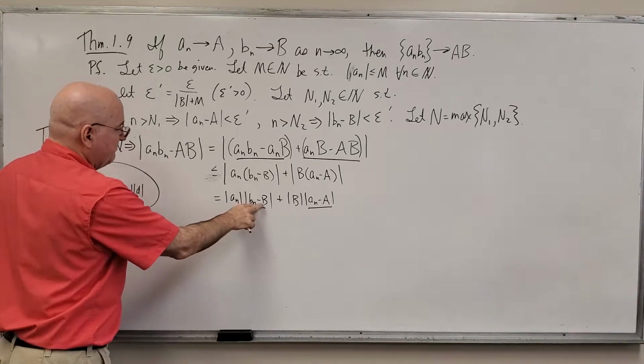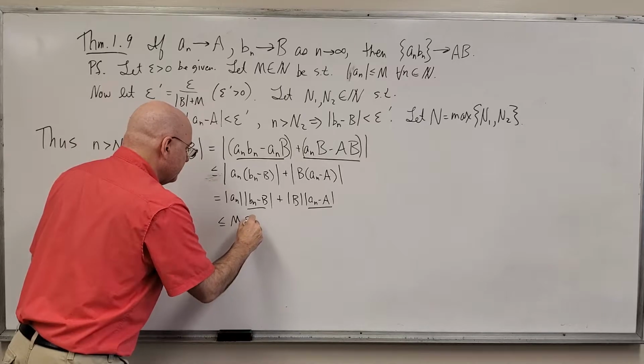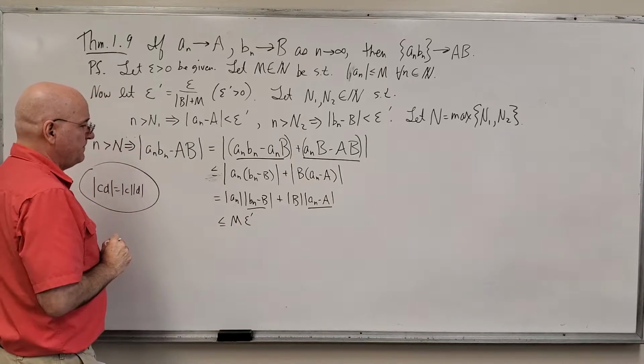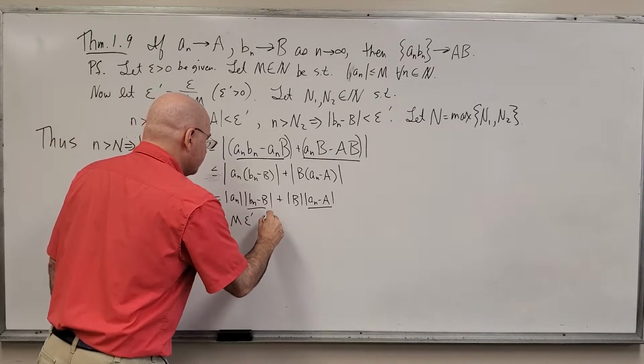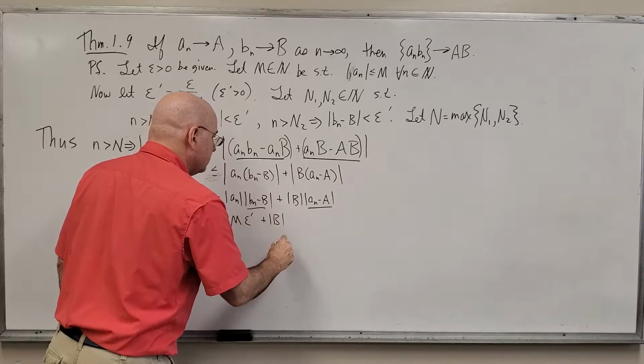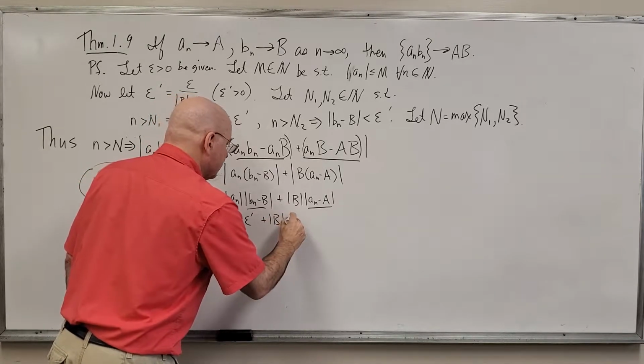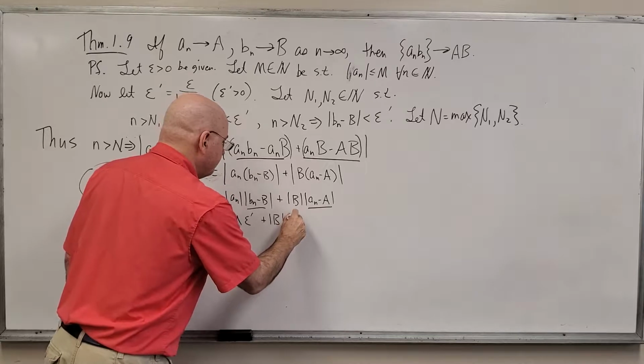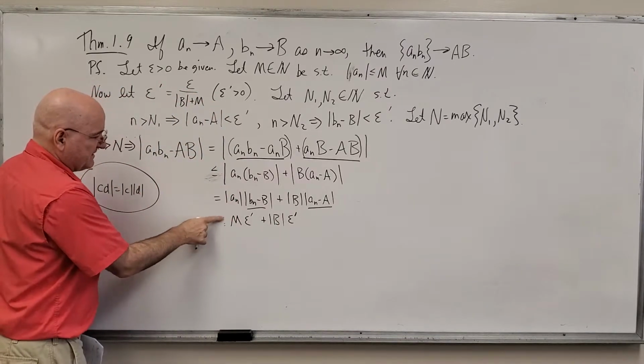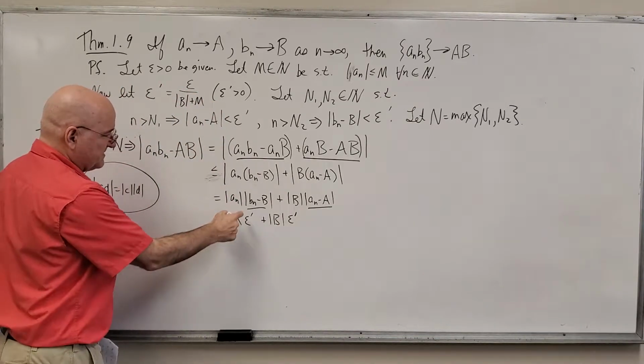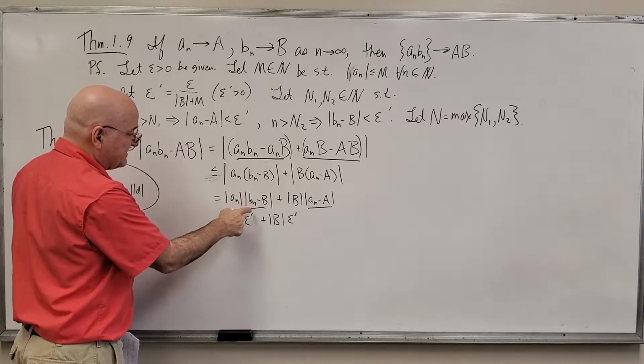I know that bn minus b is less than epsilon prime, plus b epsilon prime. Actually, this is a strict less than, isn't it? Because I know this is less than epsilon prime.